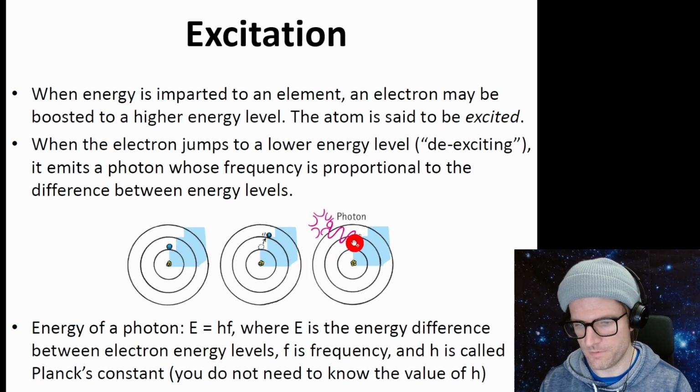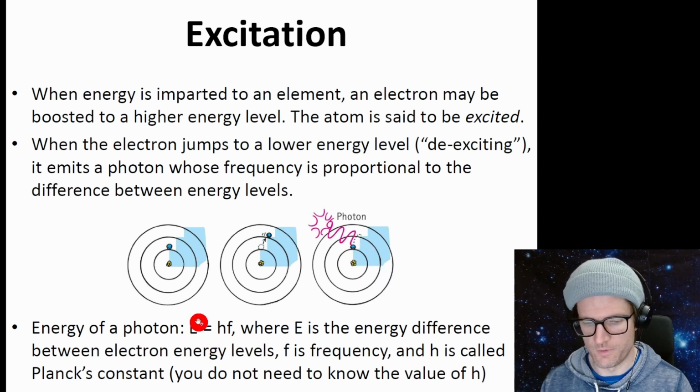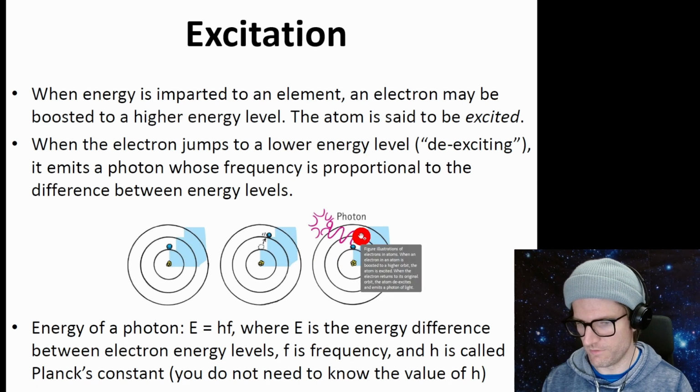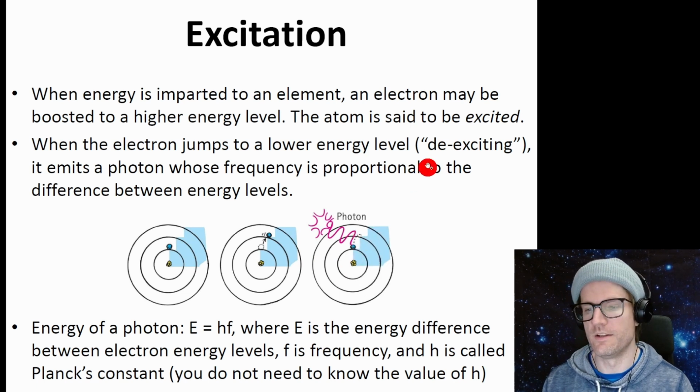Then when it jumps back down, it releases a photon when it goes from 2 to 1. The energy of the photon is given by E equals Planck's constant times the frequency. This process going from 2 to 1 or 3 to 1 is called de-exciting.